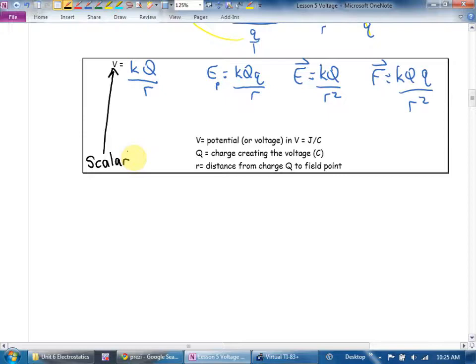That when I calculate the voltage, I'm going to include the signs. If I have a negative charge, I'll have a negative voltage. If I have a positive charge, I'll have a positive voltage. So I'm going to put in brackets here, scalar. We're going to include pluses and minuses here. Vectors, forces, and fields, no signs. Scalars, energy and voltage, signs.